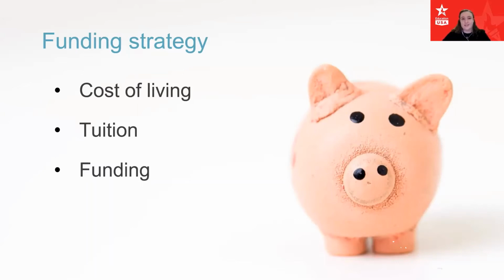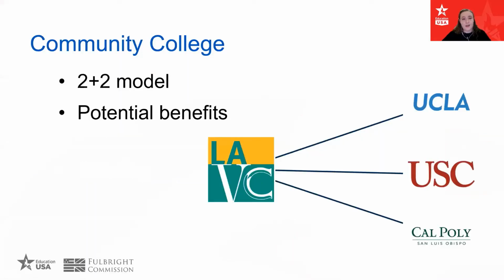And as we've just discussed, you might be looking at universities that are able to offer an array of different financial aid opportunities. So these are just 3 points to consider in your search in terms of funding strategy. Next, I've also just flashed up community colleges, which are an increasingly popular choice in the US as an alternative pathway that can help you save a lot of money.